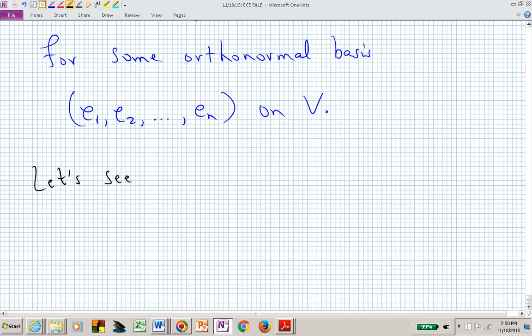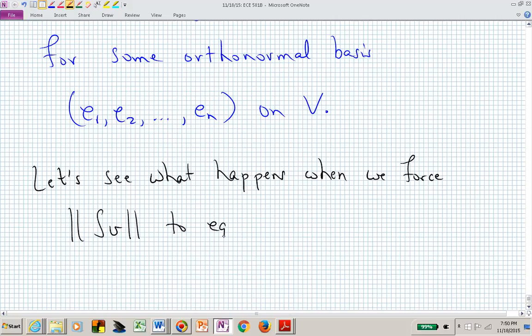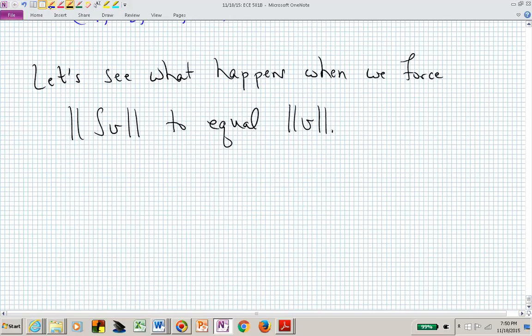Let's now see what happens when we force the norm of SV to in fact equal the norm of V. Let's write V in terms of this orthonormal basis, and let's then see what happens if S has eigenvectors made up of this orthonormal basis, and see what happens when we equate the norms of these two. What does that force on the eigenvalues?